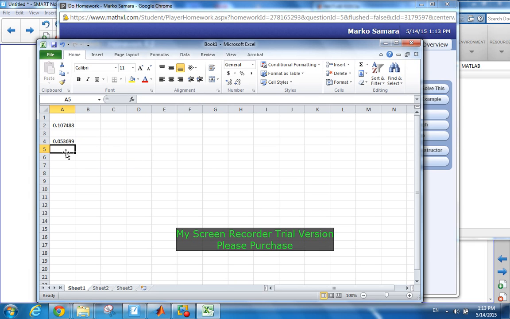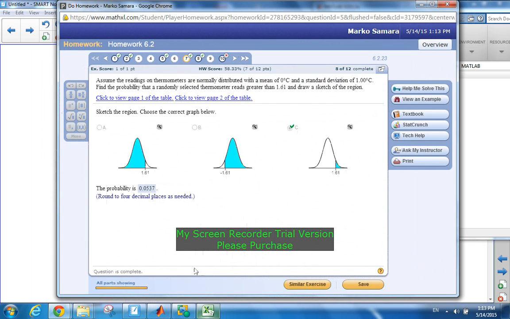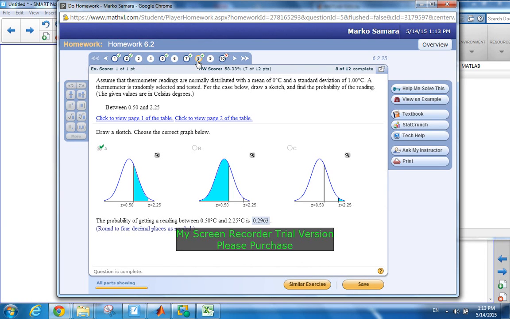And as you can see, when you round, it's 0.0537, as we had here.